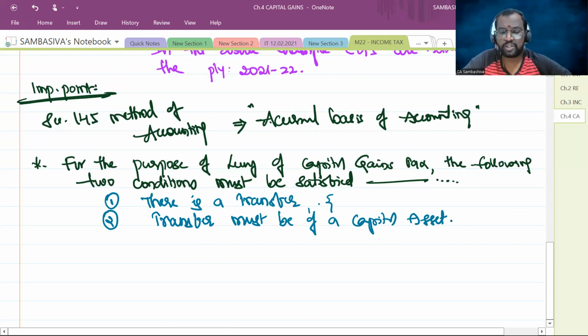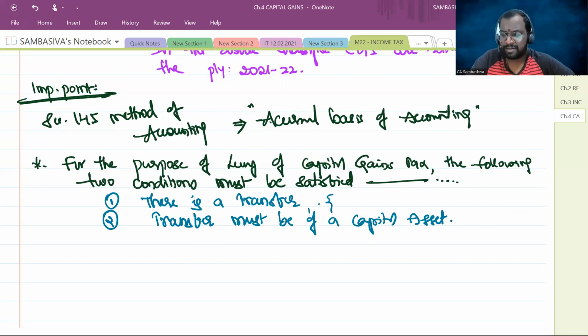So these two conditions must be satisfied. If the above two conditions are satisfied, then capital gains tax is leviable on such transfer. If any of the two conditions is not satisfied, then capital gains tax is not leviable.